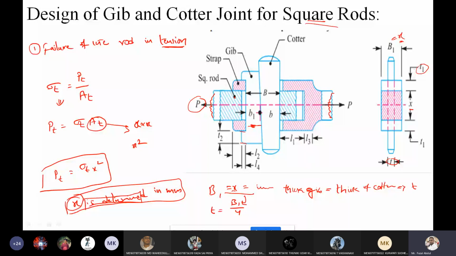It means both the quarter and the gib have the same thickness. And the height is t2. This is the gib head, t2, and the gib length is L2, the gib head length.